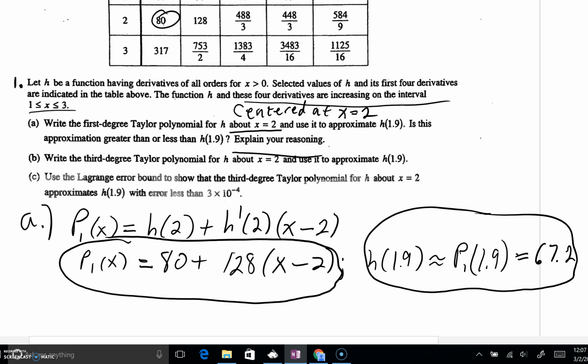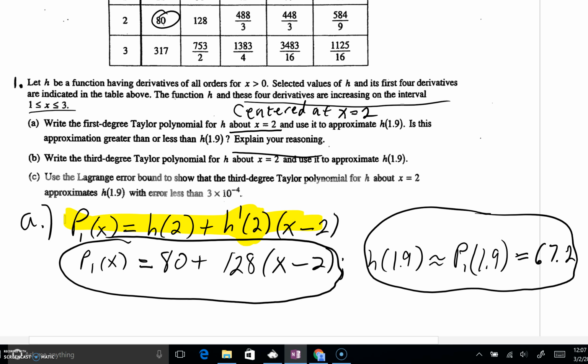There is that third part of the problem, and they're saying, well, is your estimate too big or too small? And this is where we're going to go back and realize this question is review. It might not seem like it, but a first degree Taylor polynomial is a tangent line to the curve.